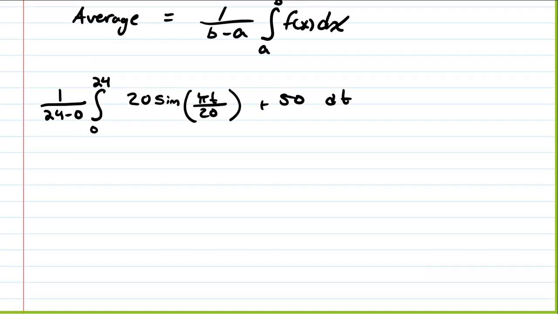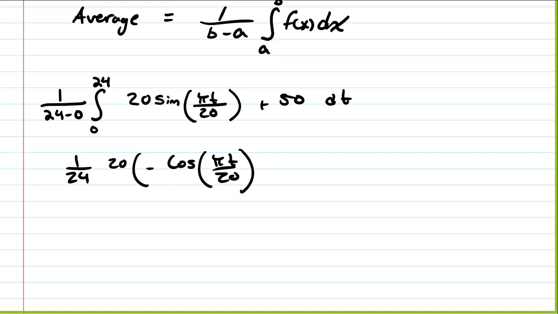So we need to evaluate our integral. So 1 over 24, and the antiderivative of sine is going to be negative cosine of pi t over 20.